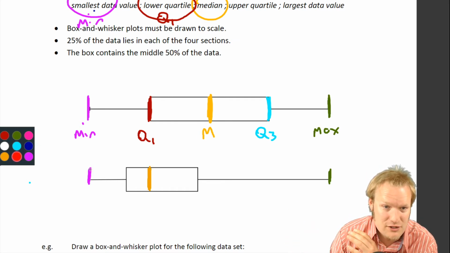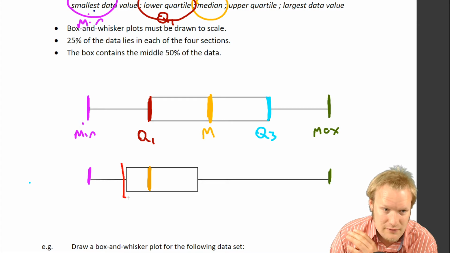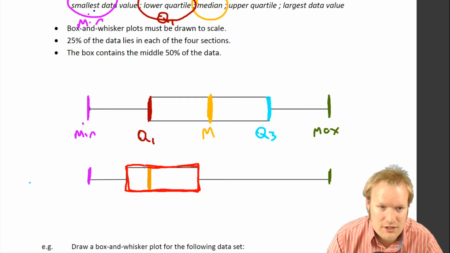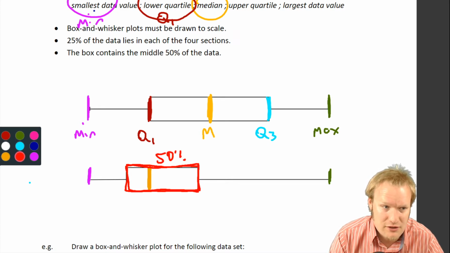If we looked at this box here, let me highlight it properly like this. What percentage of the data falls within this box? Well, it's 50% of the data.